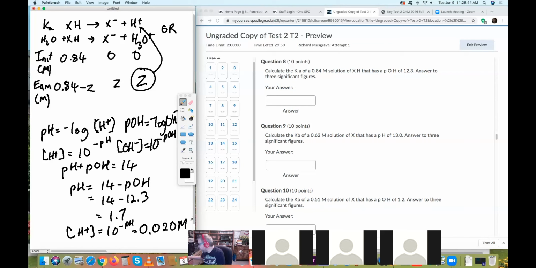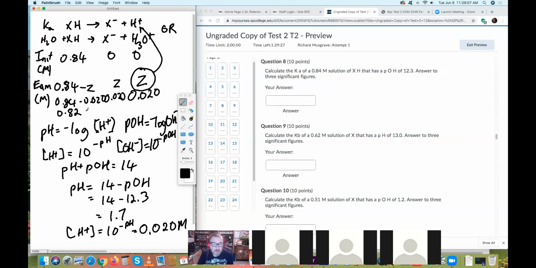So that allows me to calculate the Z value here, which is going to be 0.020. And this will be 0.84 minus 0.020, which is going to be 0.82.